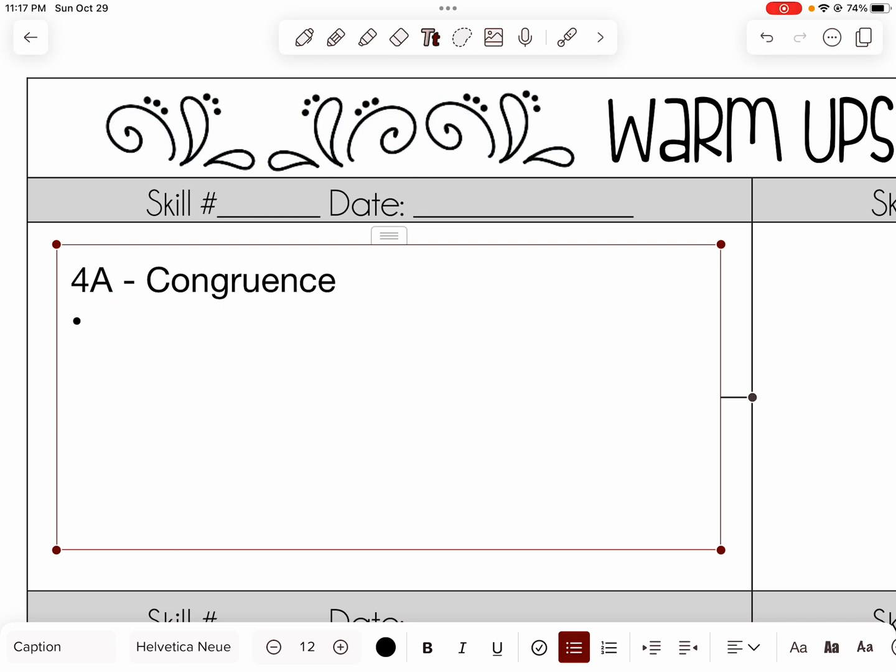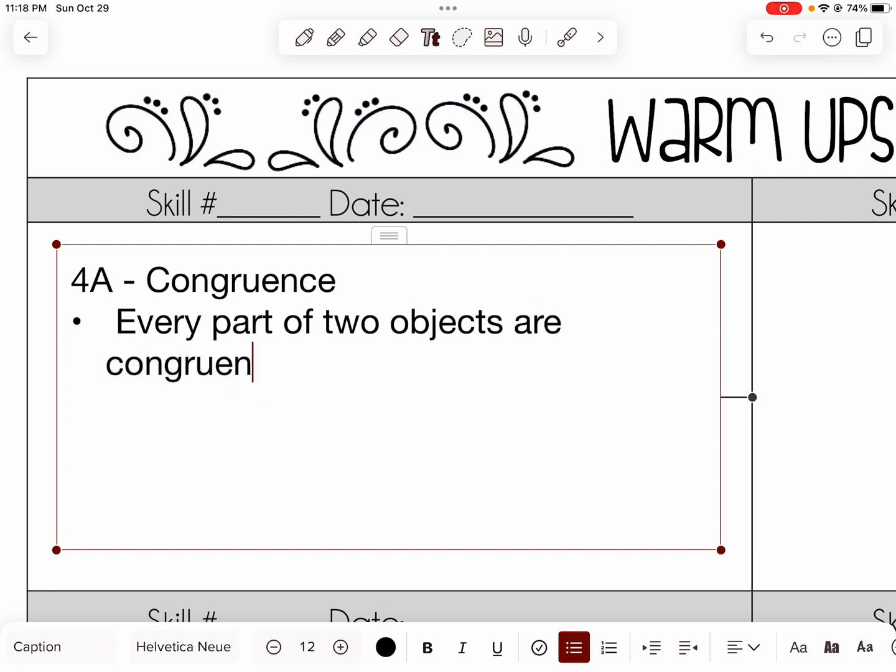The first is to determine if every part of two objects are congruent in the same order. Now that's a big deal, because you can get objects where parts of them are congruent, but it's in a completely different organizational pattern, and as a result, the objects aren't exactly congruent. Okay, so they need to be in order. This takes a lot of work. We're going to see it in just a little bit.